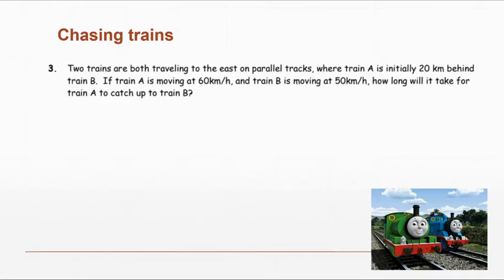If you look at this, train A is initially 20 kilometers behind train B, and you're trying to figure out at what point train A is going to meet up with train B. So we have position x here.